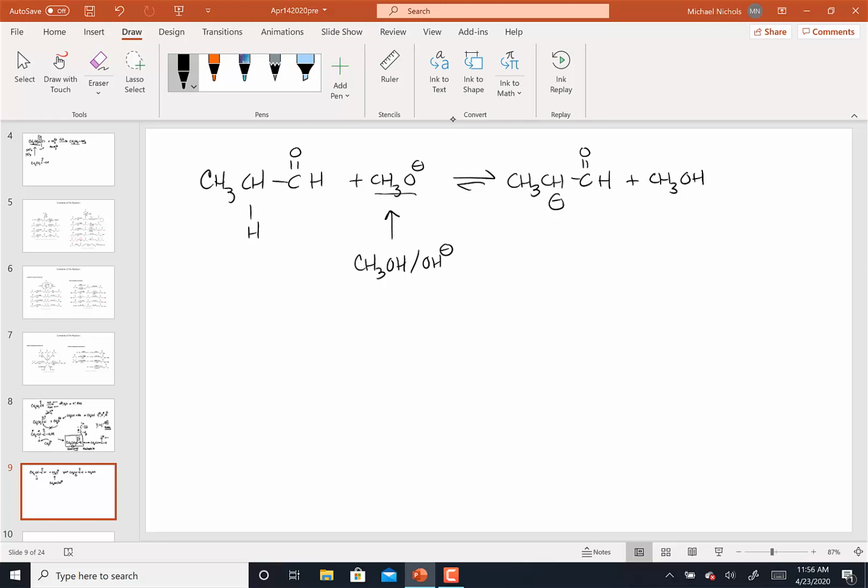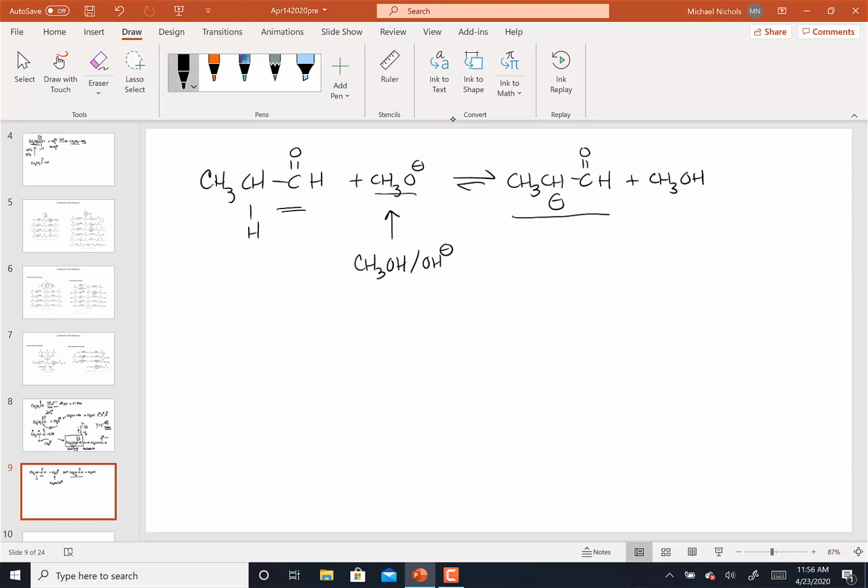The issue is that if I don't make the enolate 100% of the time, that enolate, as we're going to see, will react with the unenolized, undeprotonated ketone, and we're going to have it react with itself.